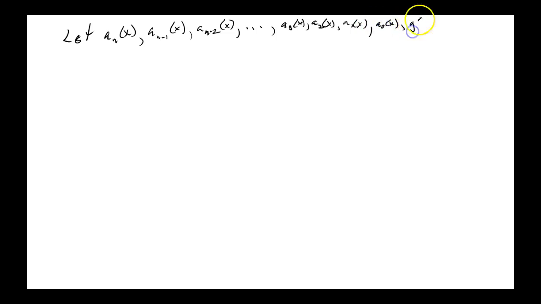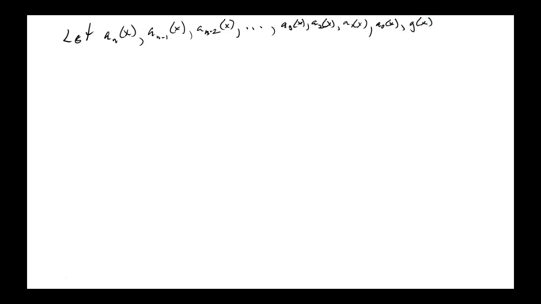Okay, let a sub n of x, a sub n minus 1 of x, a sub n minus 2 of x, all the way down to a sub 3 of x, a sub 2 of x, and a sub 1 of x, and a sub 0 of x, and g of x.